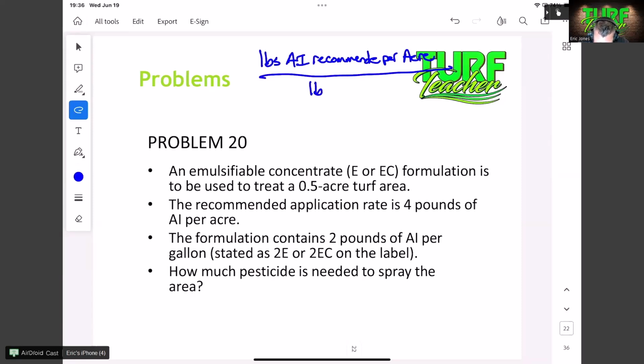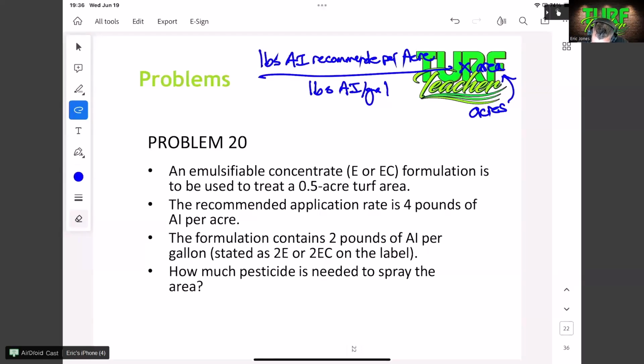Over pounds active ingredient per gallon, multiplied by your area, which is going to be in acres, gives us our gallons of pesticide to be applied. And so the actual written out equation is a lot longer.